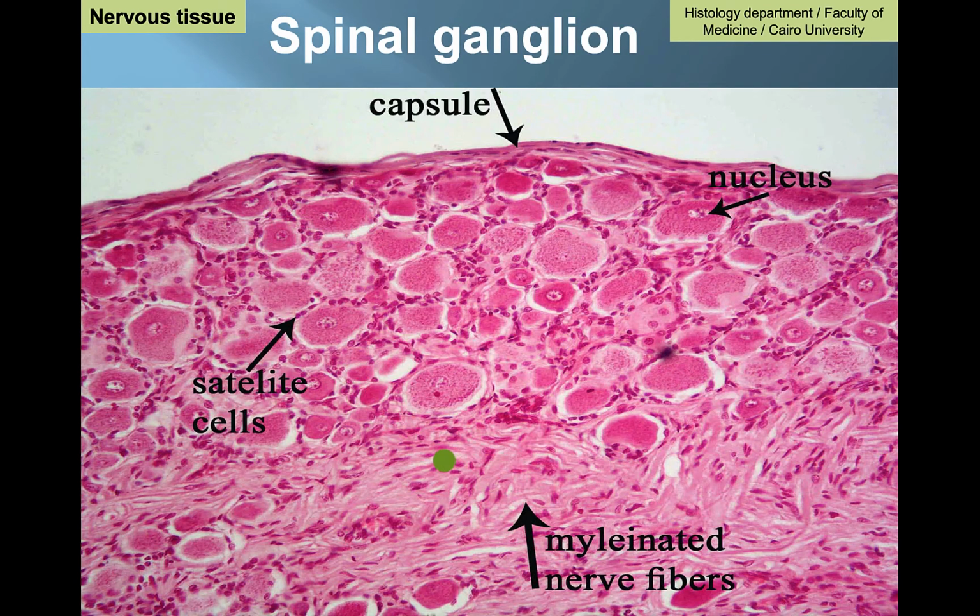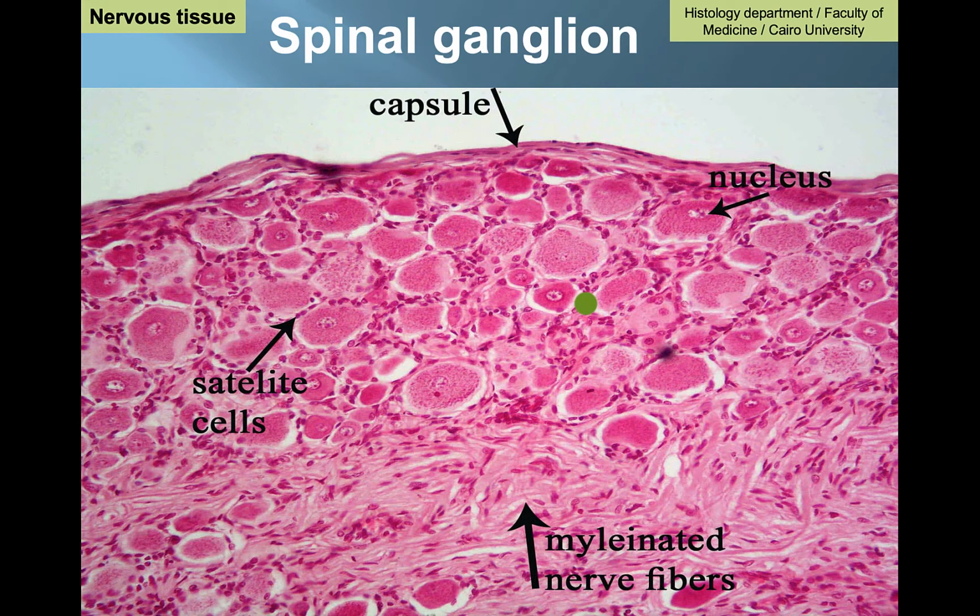Here is another picture for the spinal ganglion, and in this picture you can notice another additional structure covering the ganglia, which is the capsule. It is present in both spinal and sympathetic, but it is thicker in the spinal than in the sympathetic. Then we have here the nerve cells. Don't forget SAS. As regards the size, we have different sizes, and more or less they are of larger size.